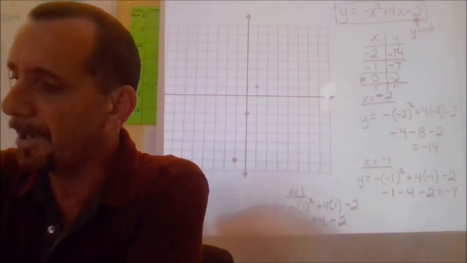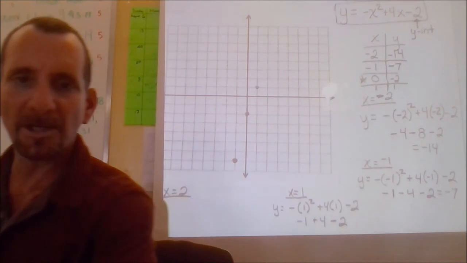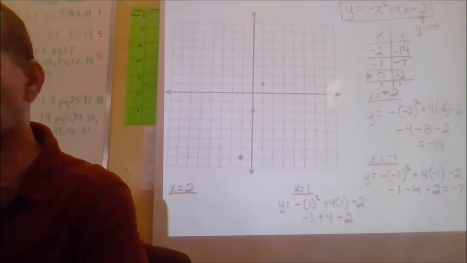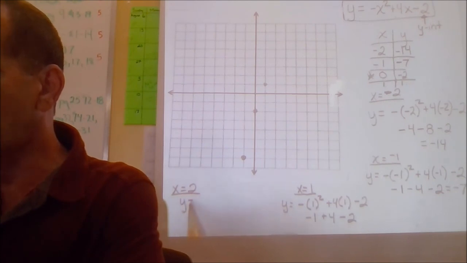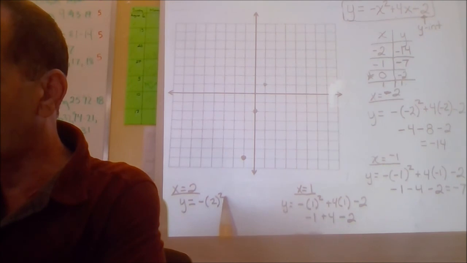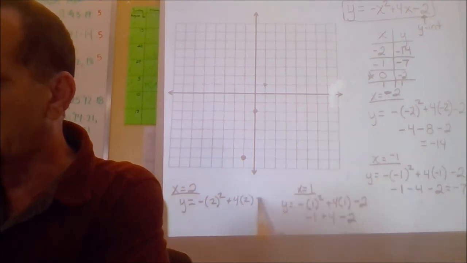So I'm just going to plug on over here and look at when x equals 2. Let me just plug that in and make sure that we can see what's going on when x equals 2. That means y equals a negative 2 squared plus 4 times 2 minus 2.